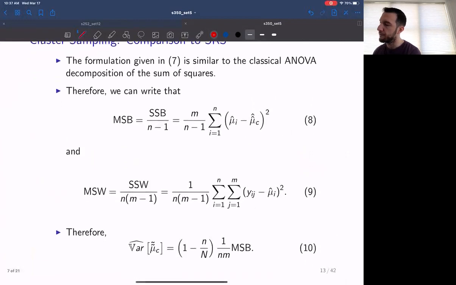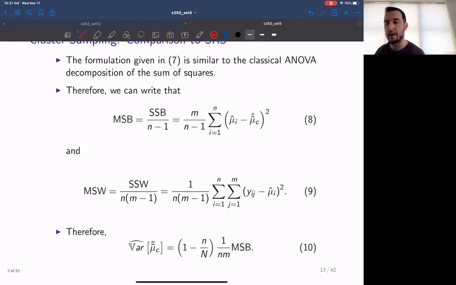All right, so from the formula given in 7, so that decomposition of the sum of squares, which is, again, the classical, and when I say classical, I mean one-way ANOVA, we can write that the mean squared between, so the variance of each individual group, is simply that SSB term over n minus 1.